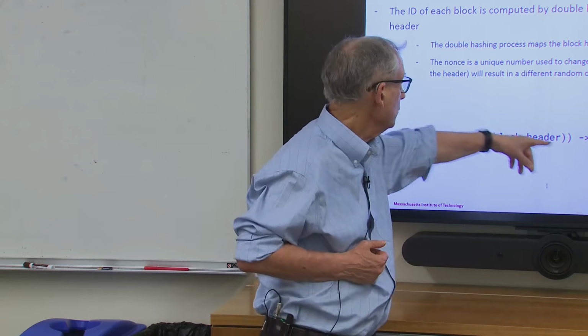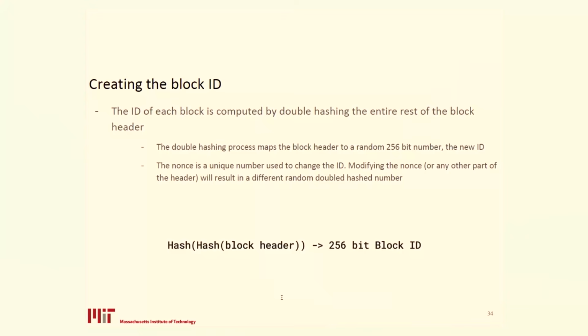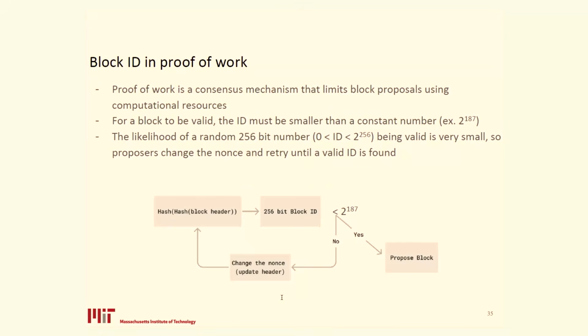So it will change the double hash. This nonce controls who wins the deciphering contest. Say the criterion for winning is that the number after all the hashing should be smaller than a certain number.